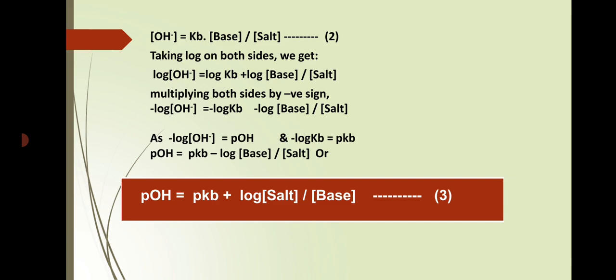As negative log of concentration of OH- ion is equal to pOH and negative log of Kb is equal to pKb, we get pOH is equal to pKb minus log of concentration of base divided by concentration of salt, or pOH is equal to pKb plus log of concentration of salt divided by concentration of base.